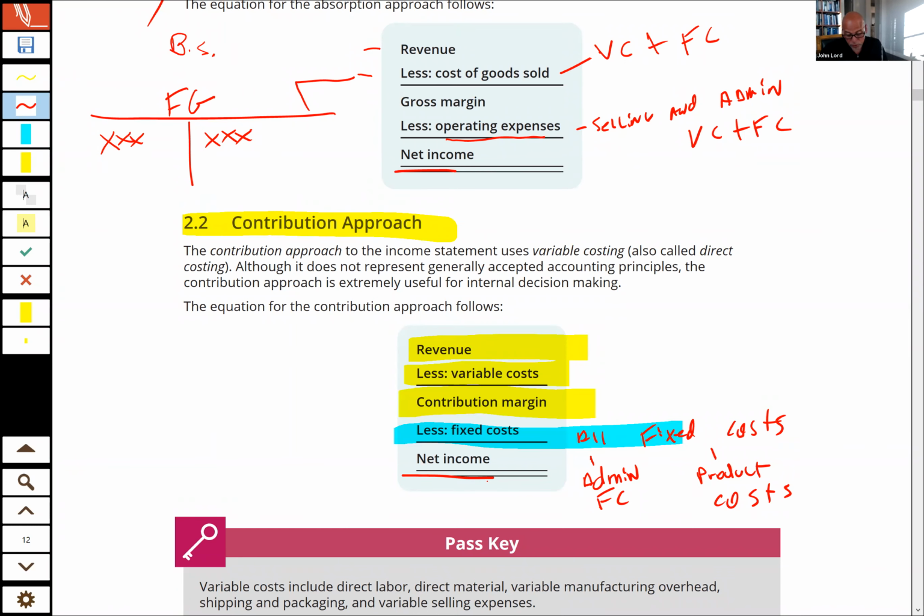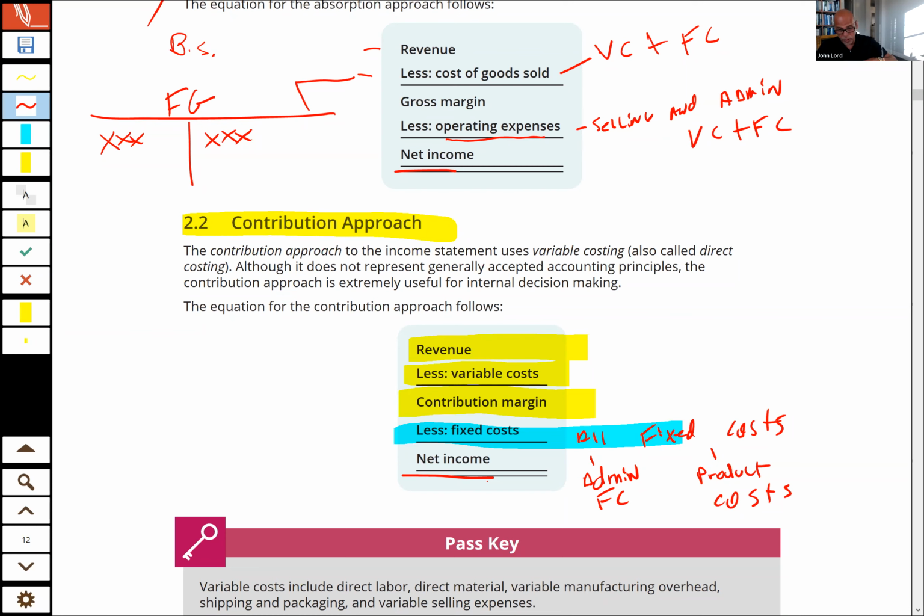If your inventory levels have gone down, what happens? Well, now we have costs that we already took in a previous period as an expense. Now we're not having to take those costs under the contribution approach because we already took them.